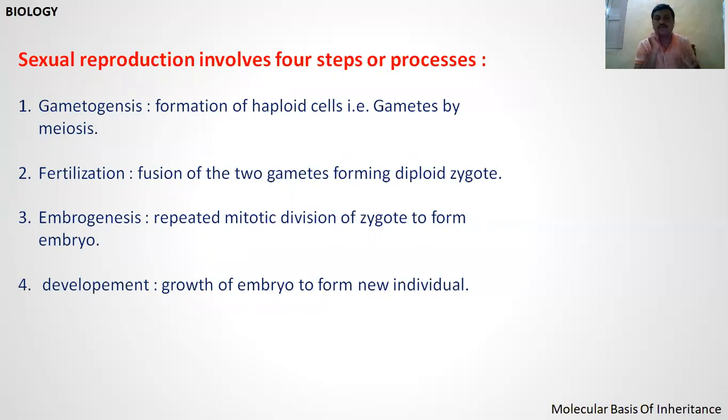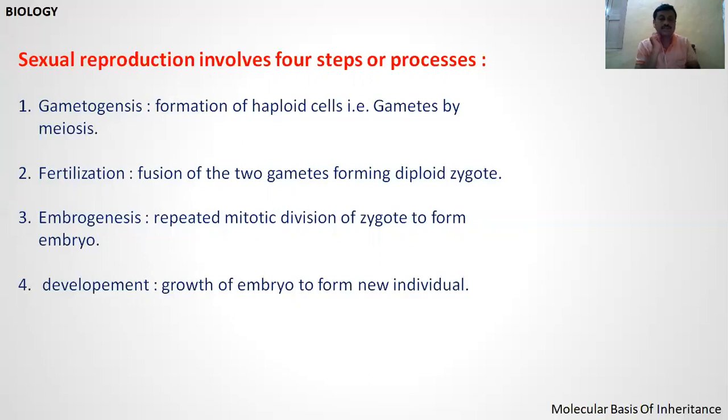Gametogenesis means formation of haploid cells, that is gametes, by meiosis. First, the plants develop both gametes, male gametes and female gametes. This process is called gametogenesis. Formation of haploid gametes is carried out with the help of meiosis. It is called gametogenesis.